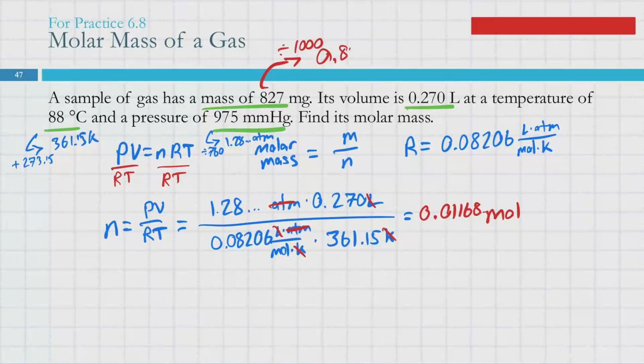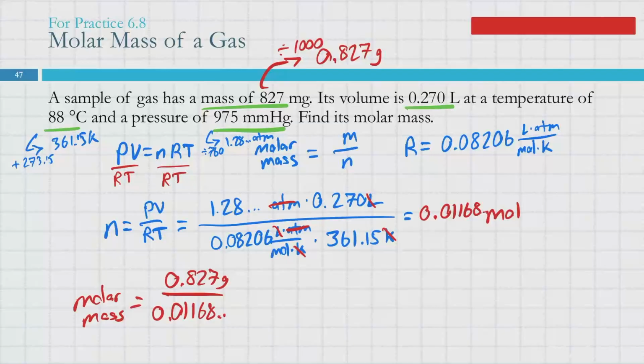And then we would also want to convert our milligrams to grams, and then we put in for molar mass. So our molar mass, 0.827 grams divided by 0.0116 and change moles. None of our units cancel out, so we are left with grams per mole.